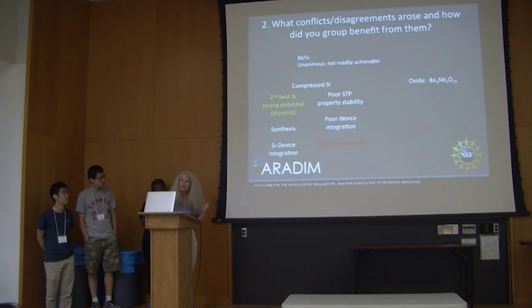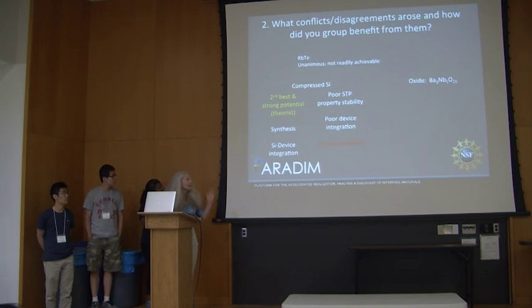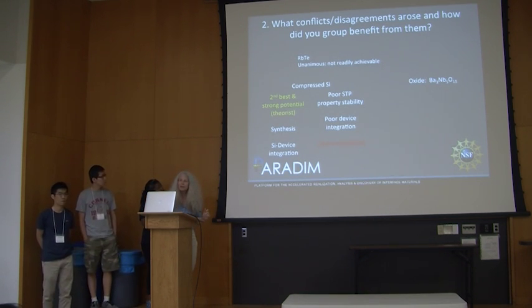Synthesis for pure silicon crystals is well known. Silicon device integration is also well known. However, the characterization specialist noted that the good properties of compressed silicon would not survive outside of the diamond anvil cell, and that left device integration a problematic matter. Yet, it was still a very interesting material.